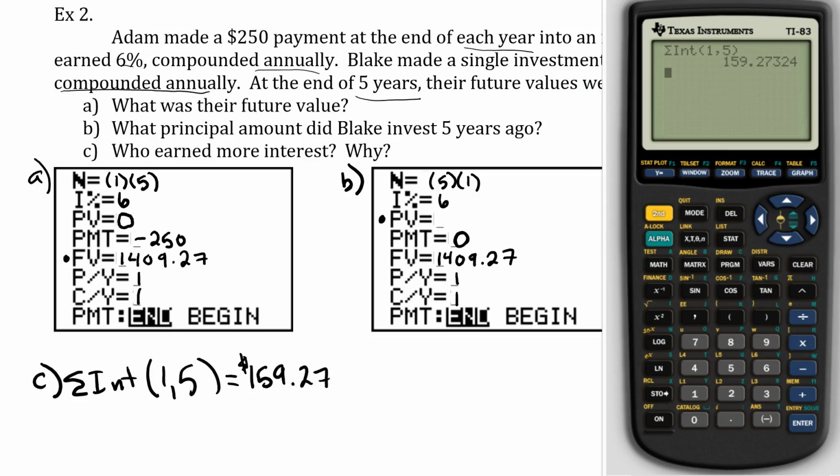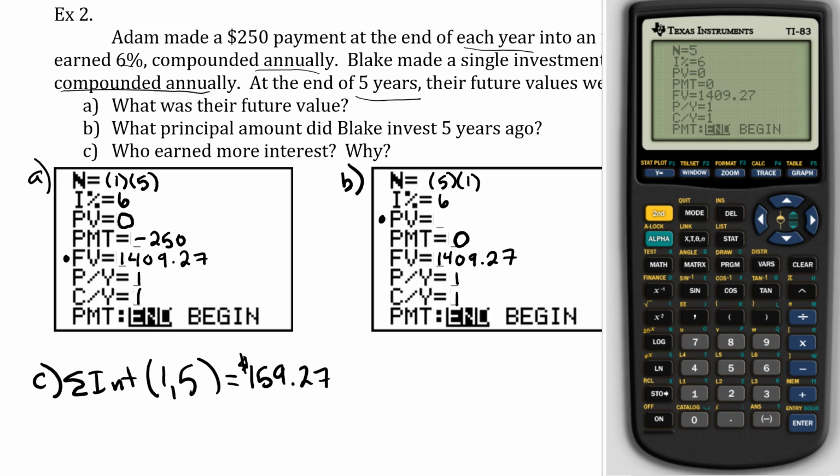So let's call up our TVM solver, pull up the finance. So I'm going to keep that at 5, keep that at 6. We need to come back to our present value. That's what we're solving for. Payment we're going to change to 0 because it's one lump sum. And I am going to put in the amount that we indicated here, the future value, 1409.27.